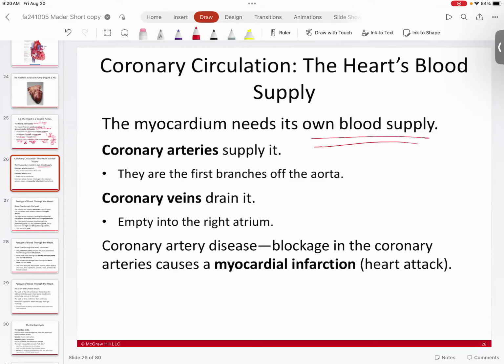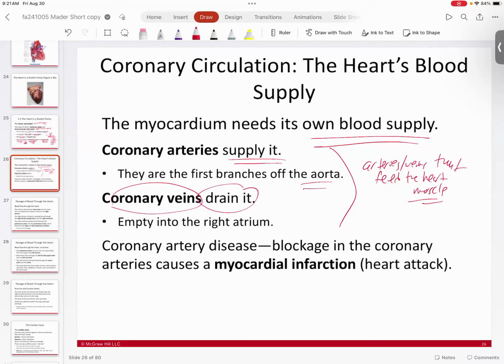So the coronary arteries and veins basically feed the heart muscle. The coronary arteries will bring nutrients to the myocardium, and they are the very first things that come off of the aorta. And the coronary veins will drain it and empty it right back into the right atrium.